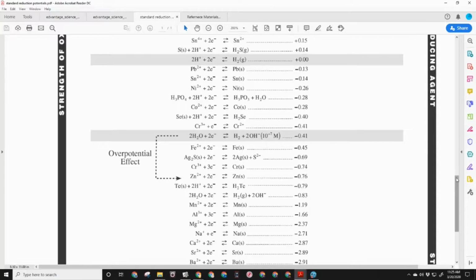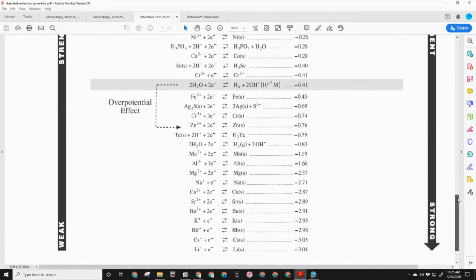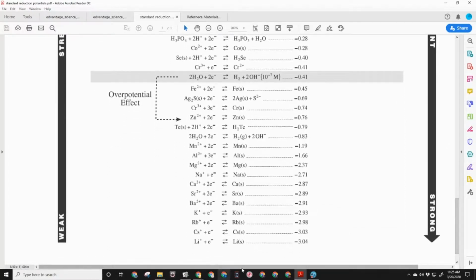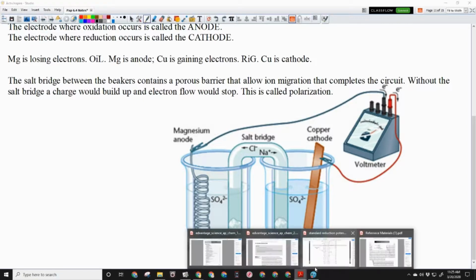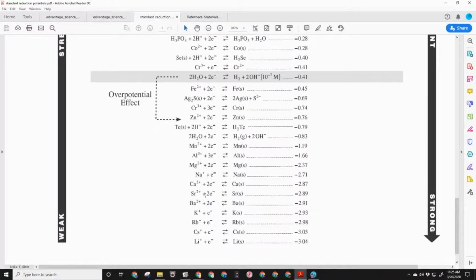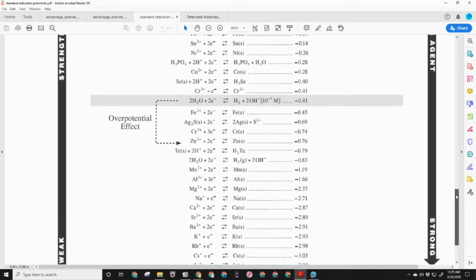All right, and so the other side is copper. Copper 2+ going to copper, no charge. Okay, so let's find that one. If magnesium is here, copper 2+ is not below it, so it must be above it.